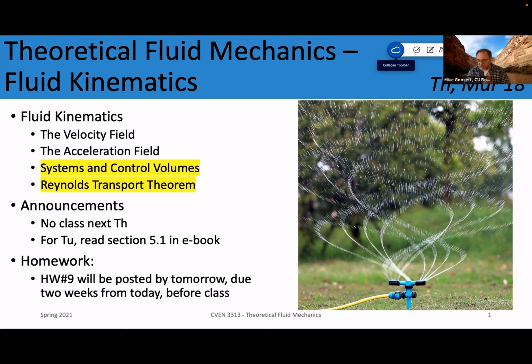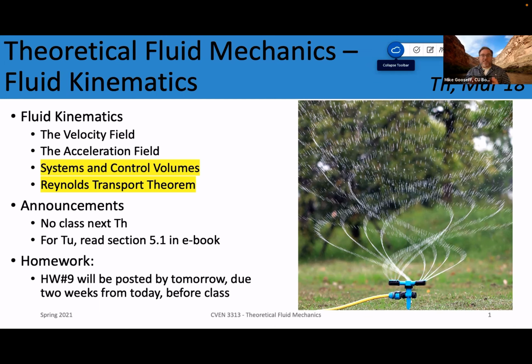So we will still be talking about systems and control volumes, Reynolds transport theorem. We'll go back to kind of rederive this in a slightly different way. A couple of announcements. So no class next Tuesday, and next Thursday. I hope I said that. For next Tuesday, though, we're going to just move the schedule up a little bit.